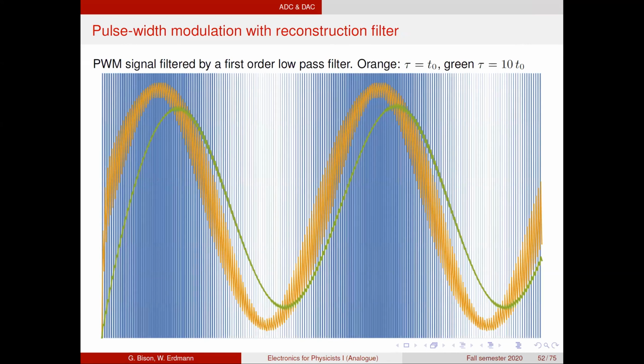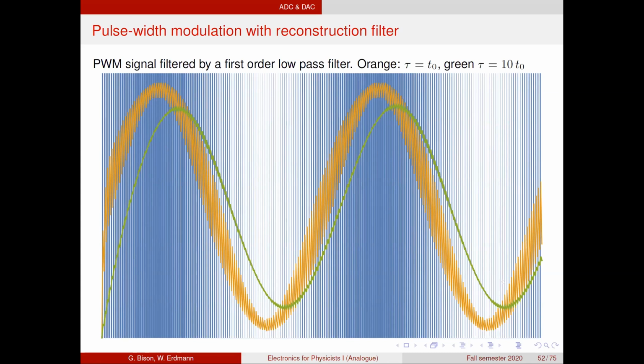Okay, so if we talk about generating an audio signal, here again an example that is a sine wave, then when we want to generate a large voltage in the peak, we have to have the pulses mostly on. If we want to generate a low voltage in the valley, the pulses are mostly off. And in between, in order to generate something neutral, they are on and off for the same time.